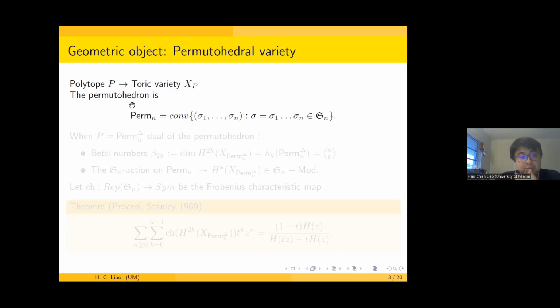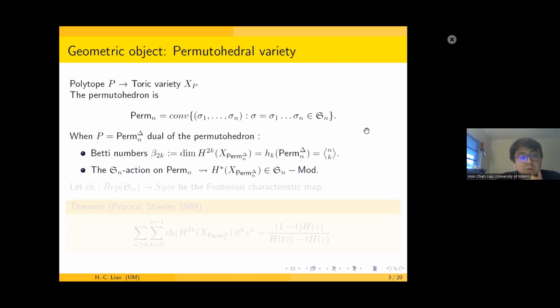The permutahedron is defined as follows: look at the one-line notation of permutations and view it as coordinates in R^n, and take the convex hull of all the permutations. This becomes a polytope, and this polytope is what we call the permutahedron.